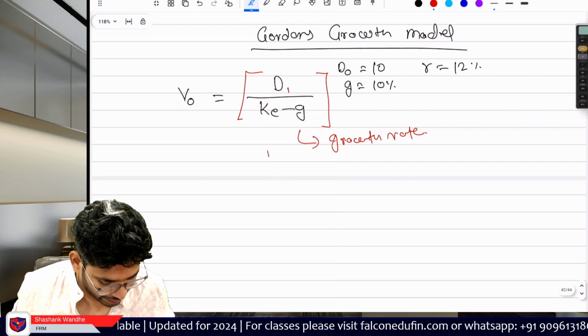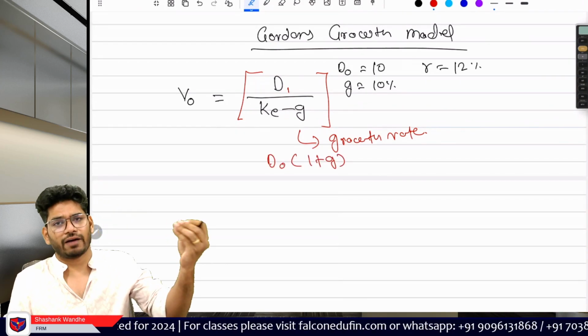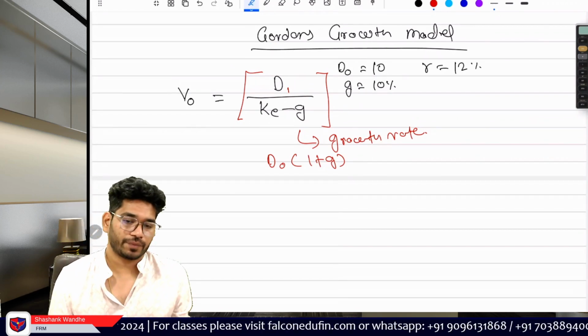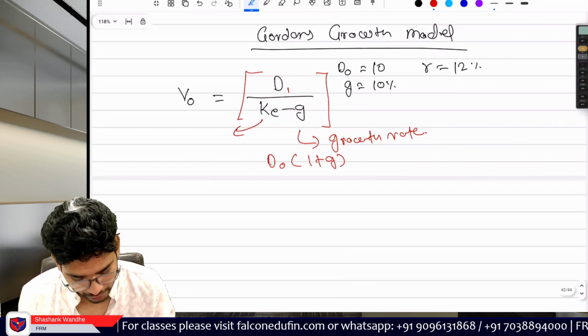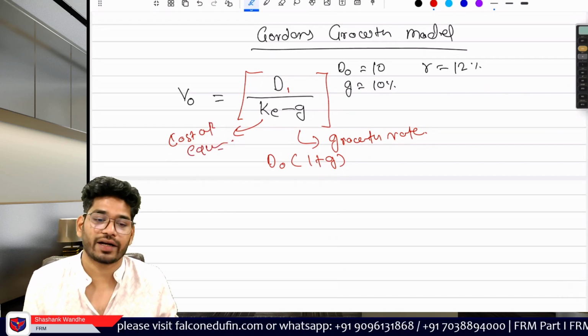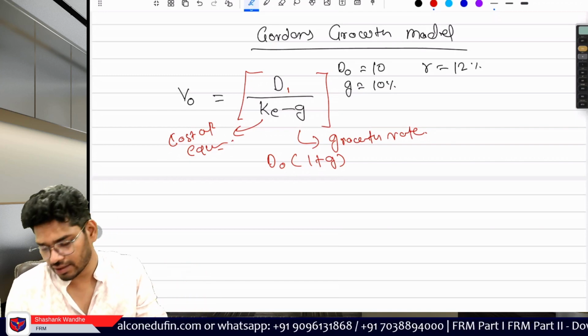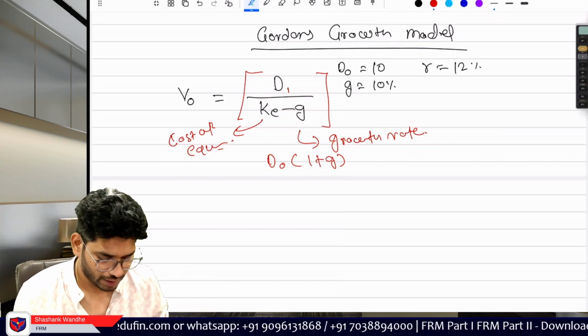D1 is simply D0 multiplied by 1 plus G, that is, the dividend at time T1. And KE is the cost of equity, the required rate of return.